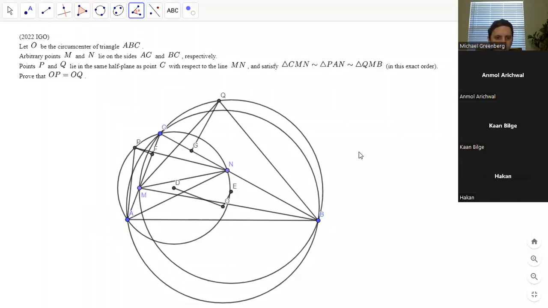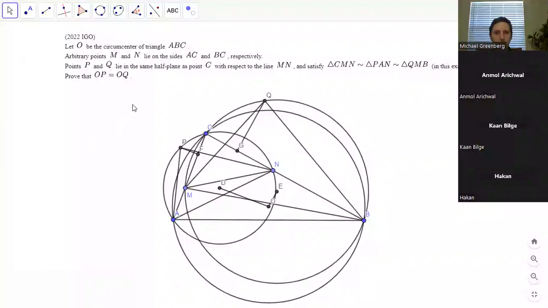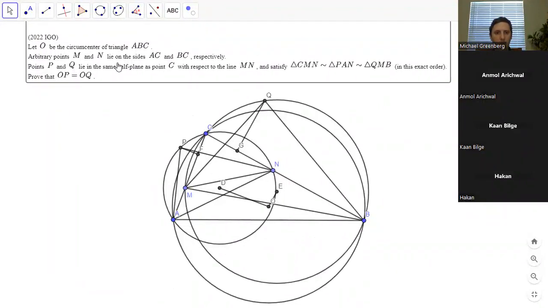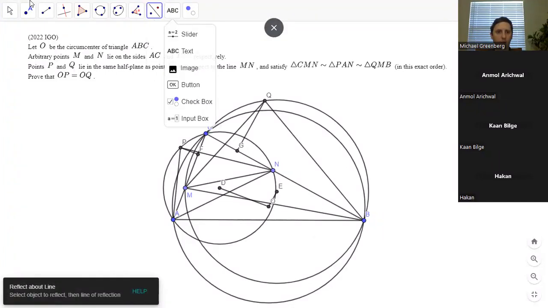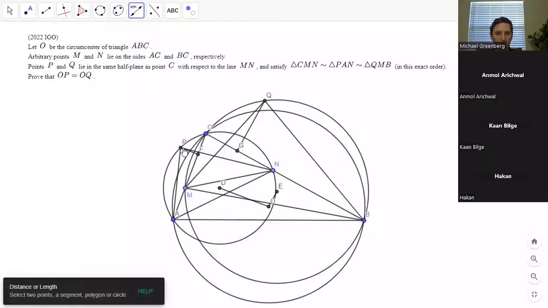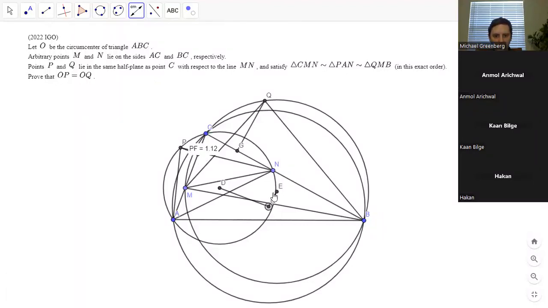Okay. So I think I'm getting something interesting here. So here's kind of what I'm thinking. In fact, maybe PF equals OE. I don't think it's true, but I think it's worth checking. That's PF and this is OE. Yeah, they're not equal.